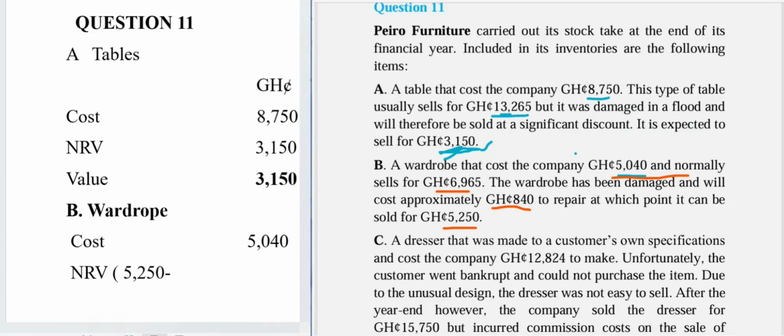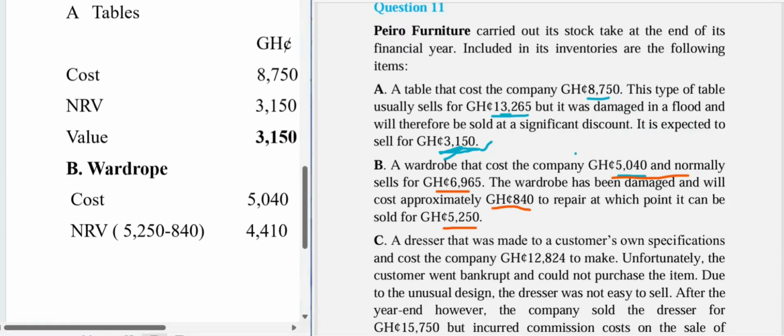Right? We're told that after repair, it can be sold for only 5,250. So that is what the NRV uses, not the normal selling price. Okay. So we deduct the 840. So we pick the 5,250 minus the cost to repair, the 840. And after deducting, we are going to get 4,410.